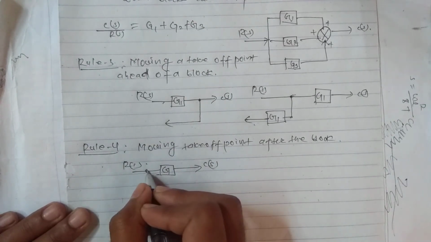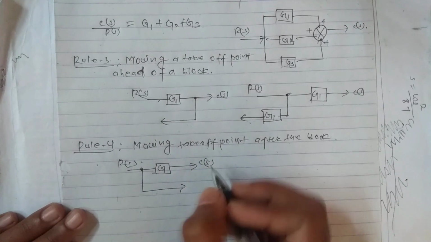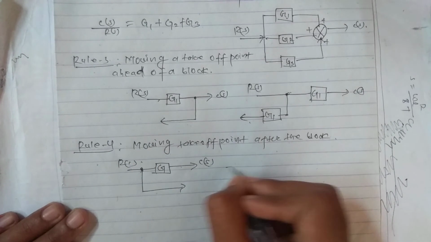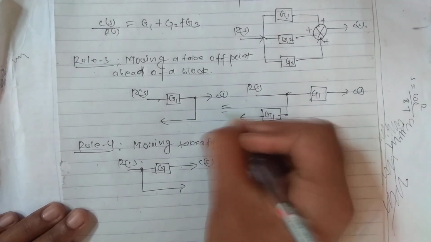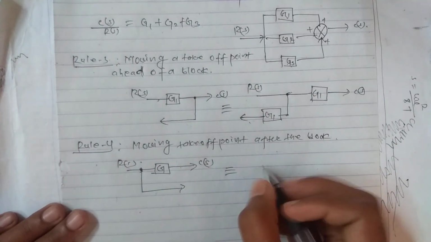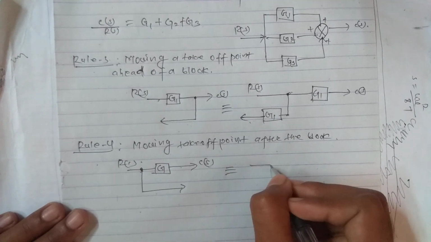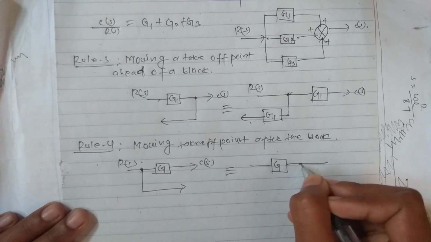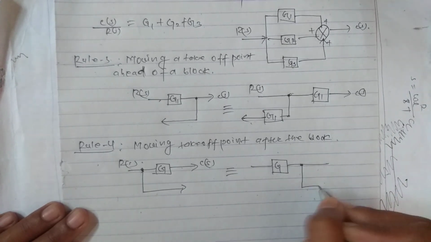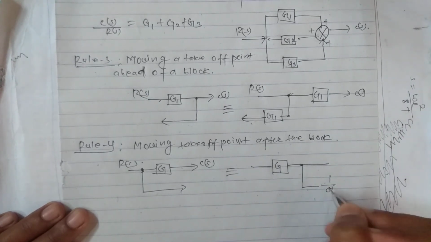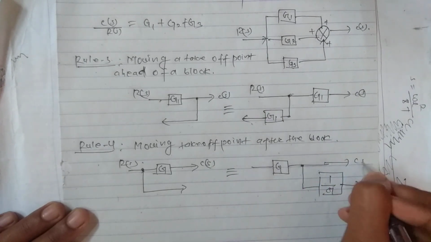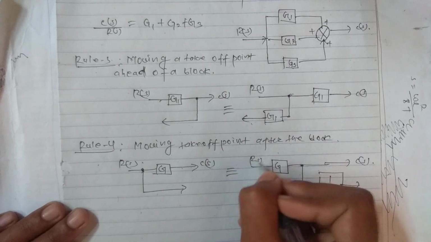Suppose the takeoff point is right now here, and we need to move this takeoff point here. So for this our equivalent diagram will be, and right now we need the takeoff point here, so for this you can write 1 by G, and here we have C(S) and R(S).